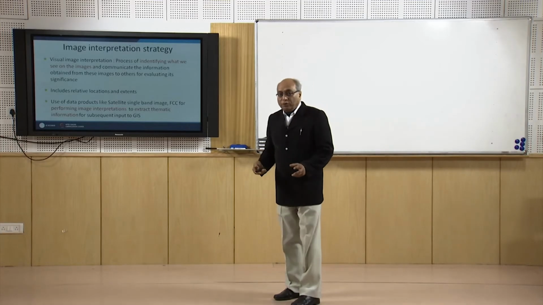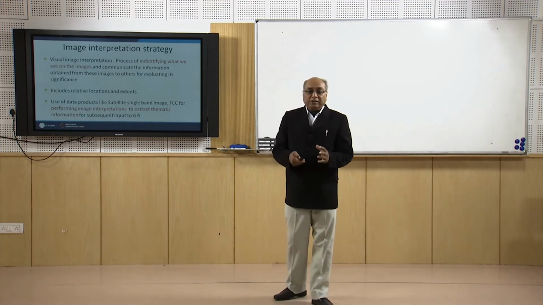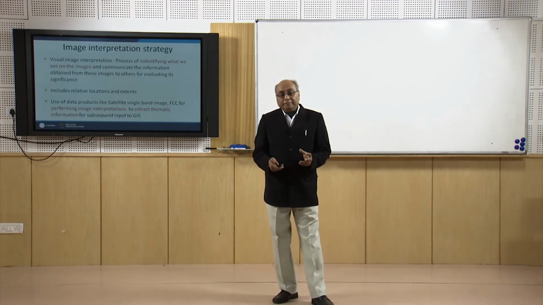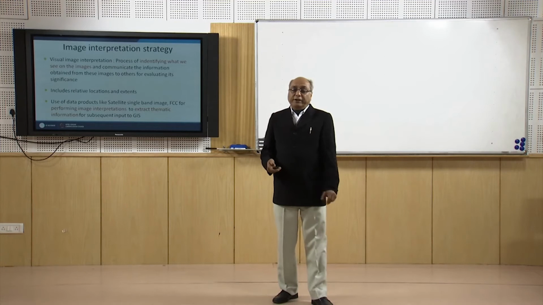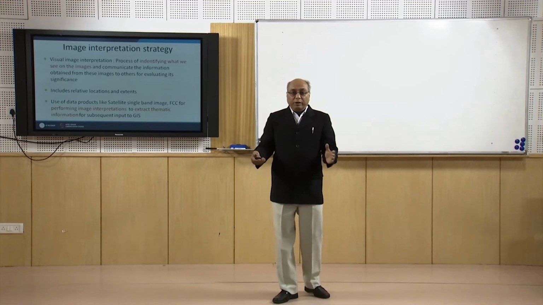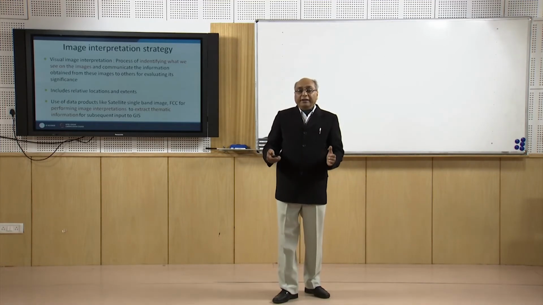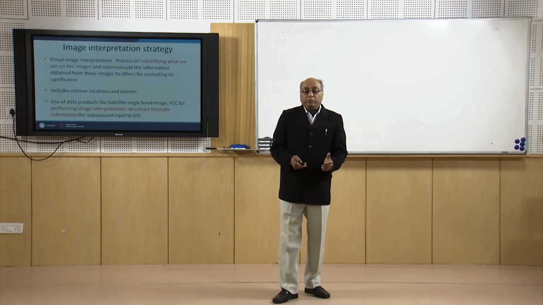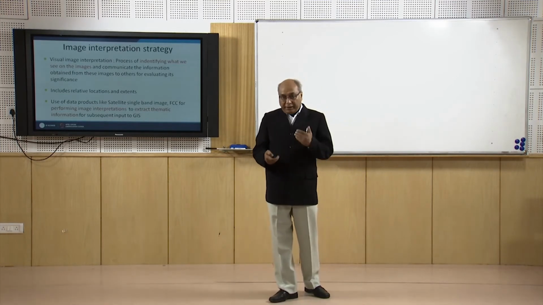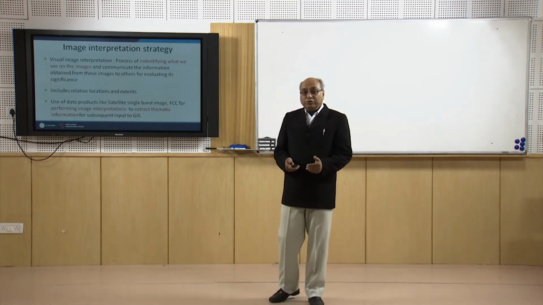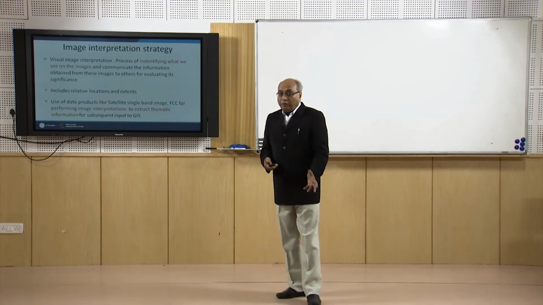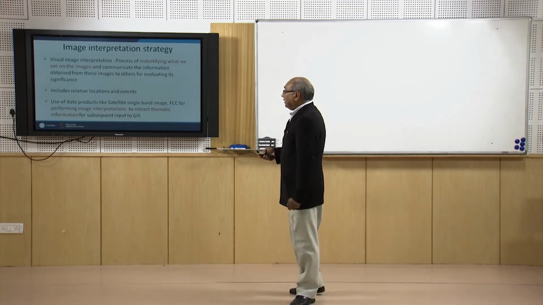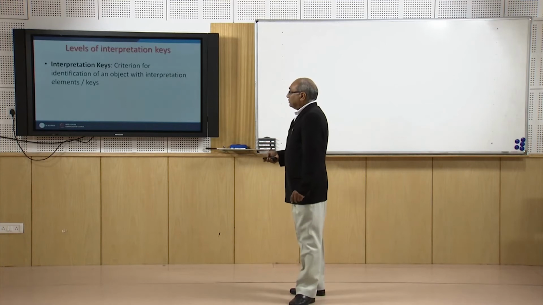The main purpose of creating these color composites is to discriminate between different objects. Even in an area where vegetation is present throughout, in certain applications one would like to see the differentiation within the vegetation, which might be due to species, or the health of the vegetation. That is why such image interpretations are required.